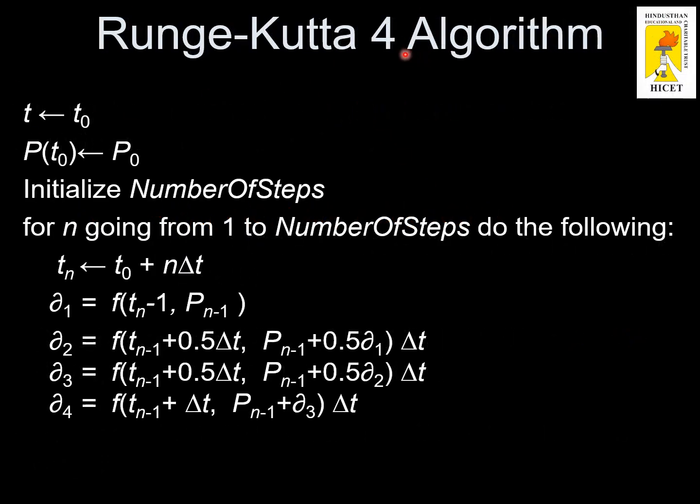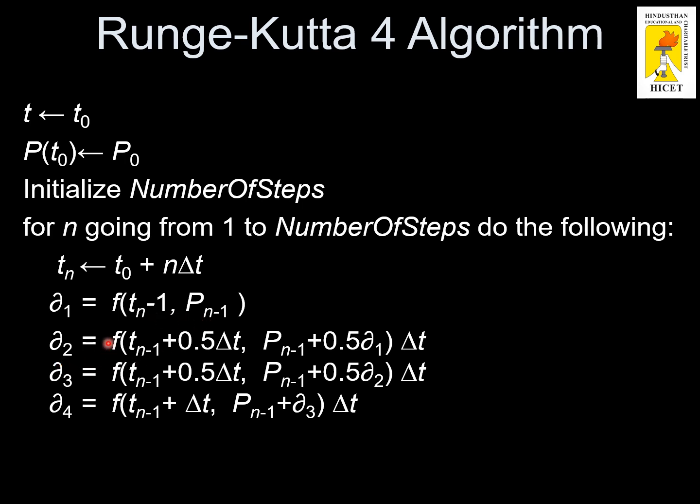So the algorithm of the Runge Kutta method of fourth order is: t is taken from t naught, that is, p of t naught is taken from p naught. Initialize the number of steps. For n going from 1 to the number of steps, do the following: tn is t naught plus n into delta t. Dou 1 is function of tn minus 1 comma pn minus 1.